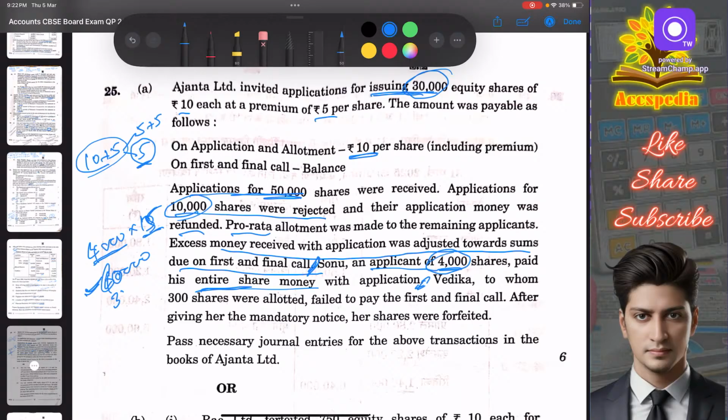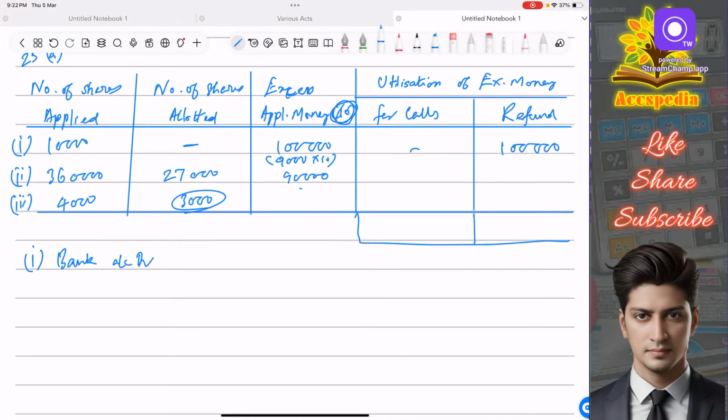So he gave us 60,000. From there 3,000 shares allotted. For 3,000 shares, application money 10 rupees you would have taken first. So balance, his excess money is 30,000. So that is what we have to write here. For him you should not write 1,000 into 10,000 like that. For him his excess money is different.